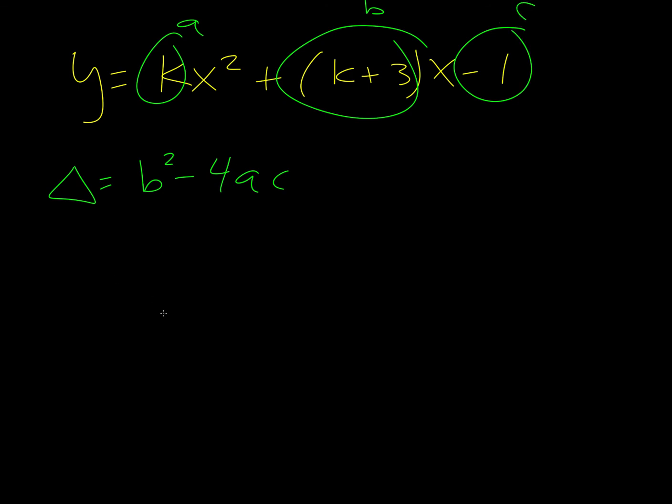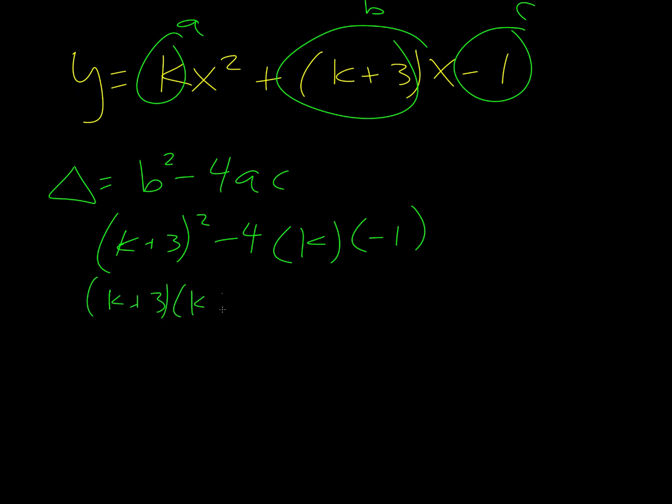Okay, so I'm just going to plug this in first. So k plus 3 squared minus 4 times k times negative 1. All right, if I do k plus 3 times k plus 3, then if I multiply all that out, it's 4k.